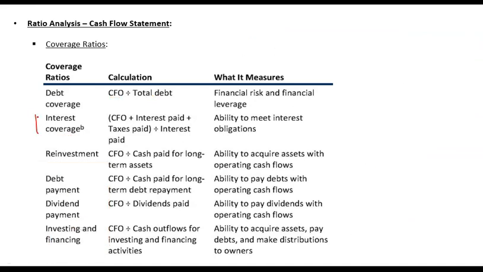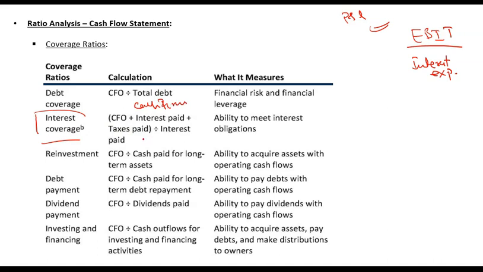This is interest coverage with respect to cash. There is another interest coverage ratio as well, and that ratio is earnings before interest and tax divided by interest expense. This is also known as the interest coverage ratio. So this ratio helps you analyze the coverage in terms of P&L, and this ratio helps you analyze coverage in terms of cash flows, whether cash is available to pay it off or not.